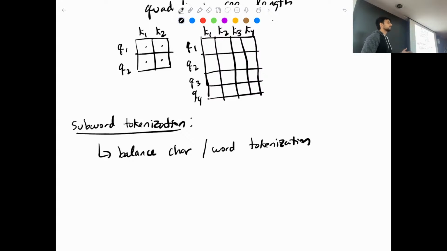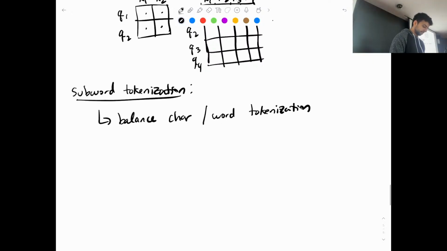Characters, you don't have those issues, but you have longer sequences. So the idea of most subword tokenization methods is that we want to find some balance where we can still encode the sequence in a reasonable number of tokens, but we have better ways to deal with all of the issues with word level tokenization.